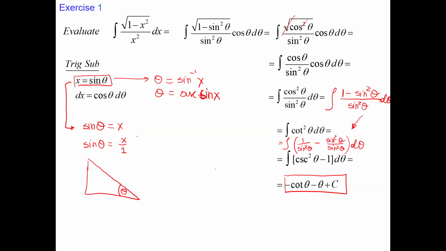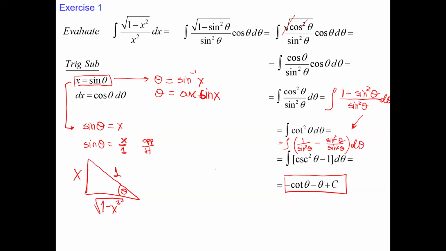Sine theta is opposite over hypotenuse. x over 1, because x is opposite and 1 is the hypotenuse. If the opposite is x and the hypotenuse is 1, using the Pythagorean theorem I can compute the third side. a squared plus b squared equals c squared: square root of 1 squared minus x squared.